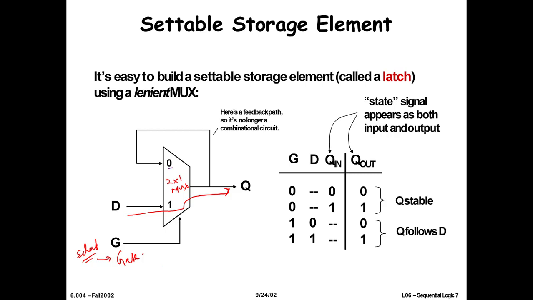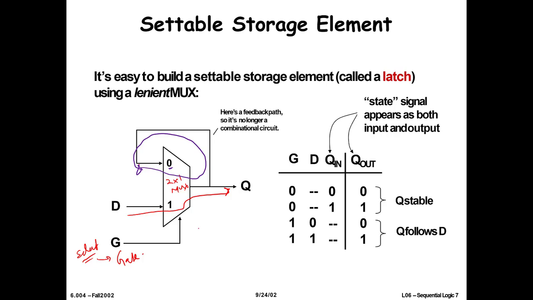At that point, this input is selected, and when this input is selected, we have this feedback loop. As I told you, if you want to store information, you need a feedback loop. So this is another design which can give you the property to store a single bit.